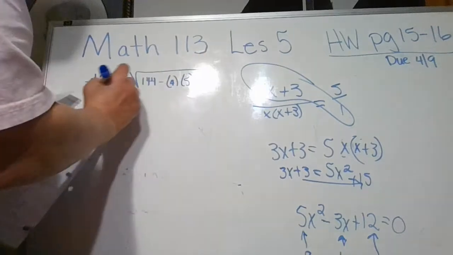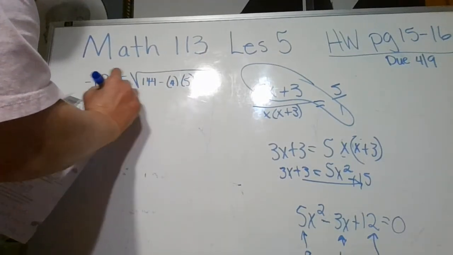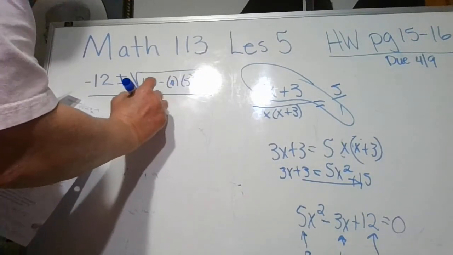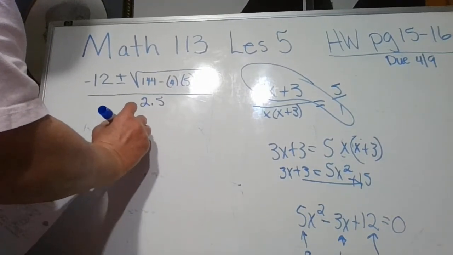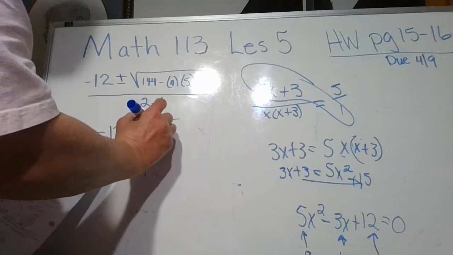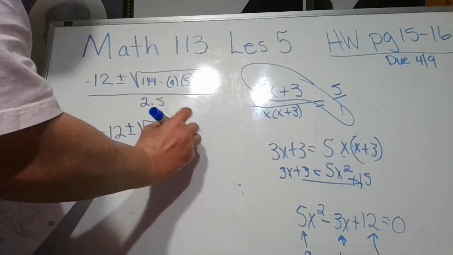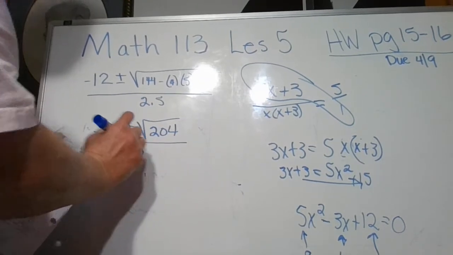And if you put all that together, okay, and then on the bottom it's 2 times 5. So we have negative 12 plus or minus the square root of 204 over 10.